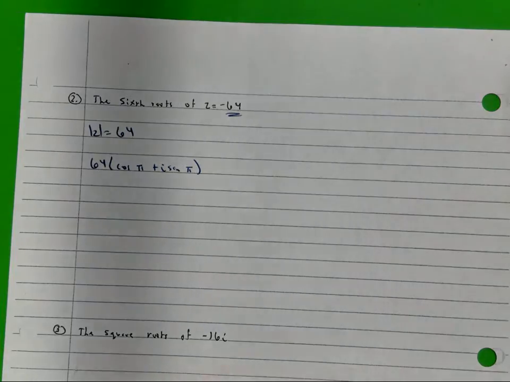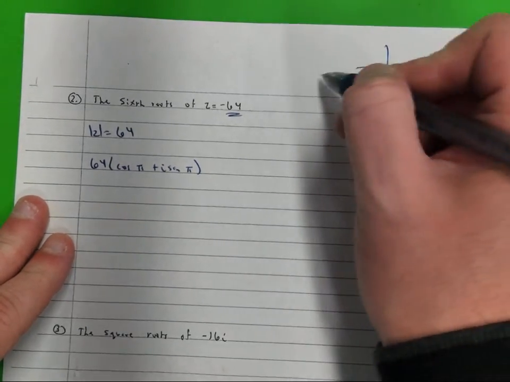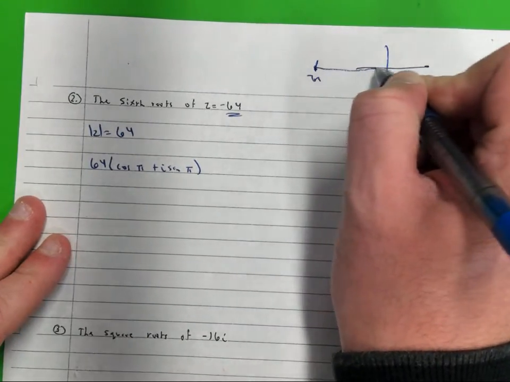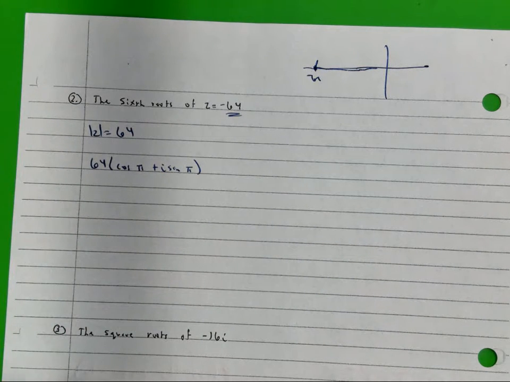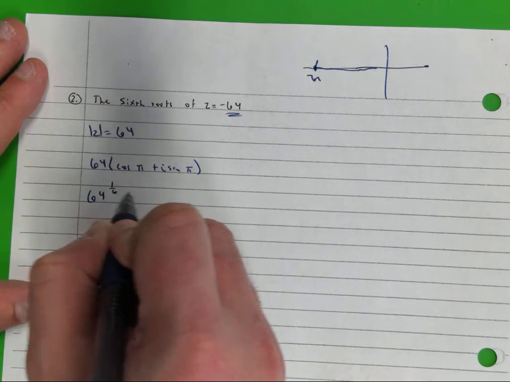If I graph this on the complex plane, it would be somewhere over here, negative 64, the same spot as pi. Now, I have to raise 64 to what power? 1/6.